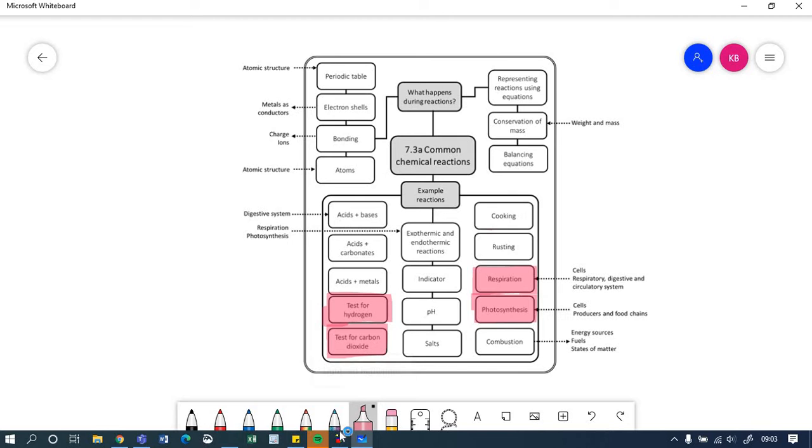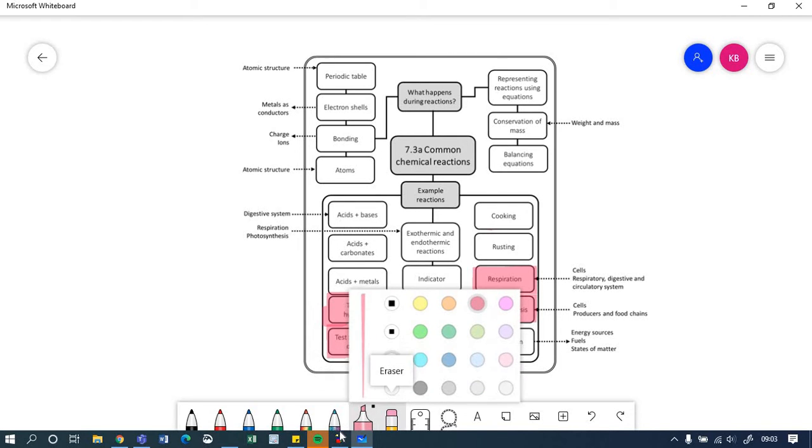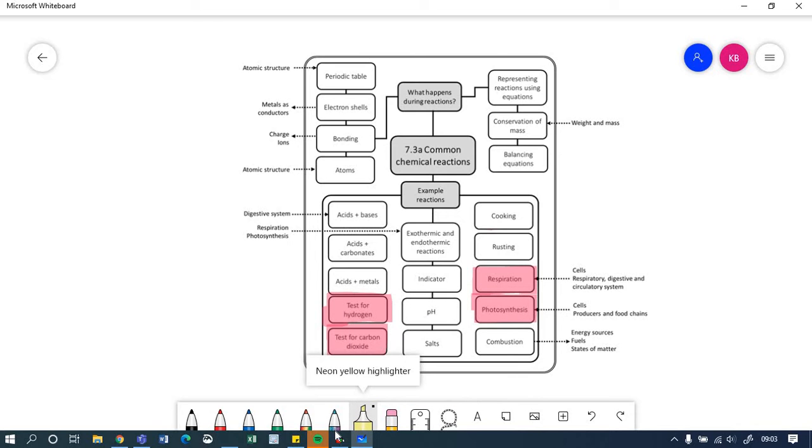Now what I want you to then do is possibly go back in and find a different colour highlighter. This is yellow. The red is the ones that we don't know or we haven't done and we're not confident with. So what I'm going to say now is with the yellow one, go through the subjects in which you think you have an okay understanding on.